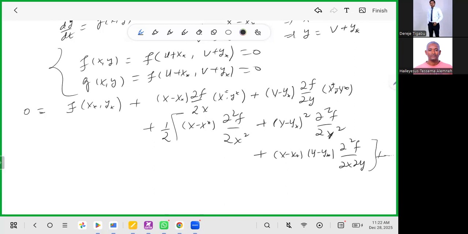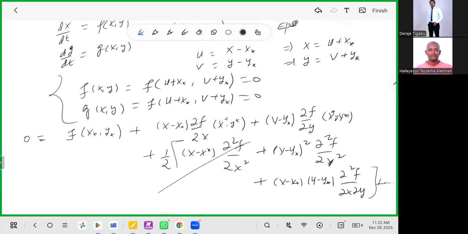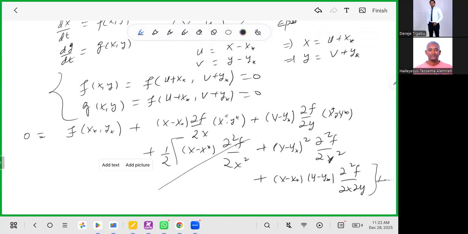But we ignore these values because x minus x star is a significantly very small number.